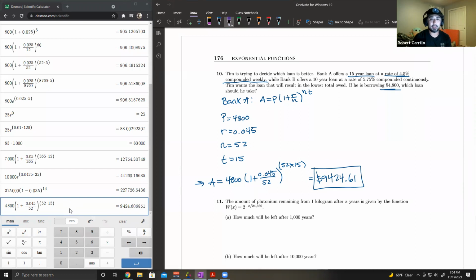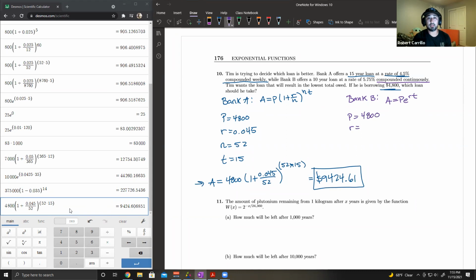Now, let's check out Bank B. And Bank B, we are compounding continuously. So that means we get to use Pert. And we are borrowing $4,800.